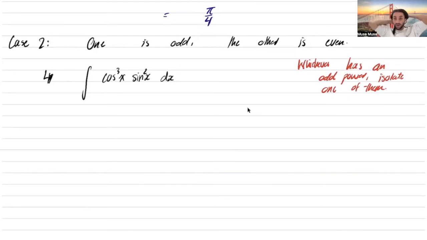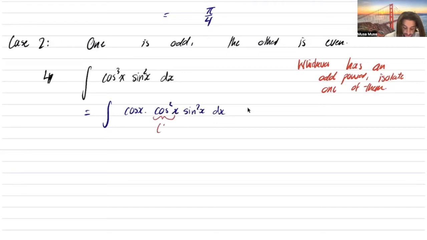And you'll see why that works, because as soon as I isolate one of the cosines, I get cos squared x sine squared x. And then this cos squared can be rearranged as 1 minus sine squared x. That takes us into one of the formulas we had before, isn't it? Because now you have 1 minus sine squared x and you have sine squared x. So when you expand this, it becomes the integral of cos x times sine squared x minus sine to the 4x.